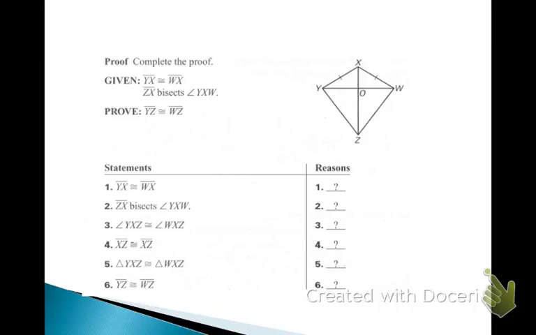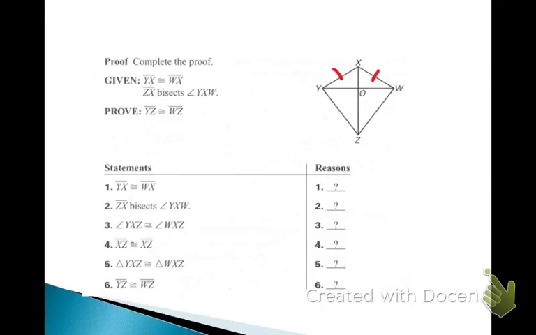Complete the proof. So we're given YX is congruent to WX. Those things are marked congruent. And ZX bisects angle YXW. So first statement. How do I know that YX equals WX?